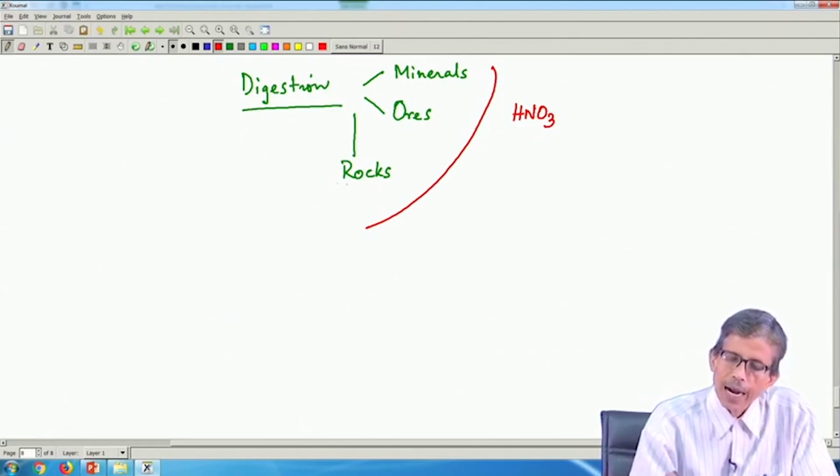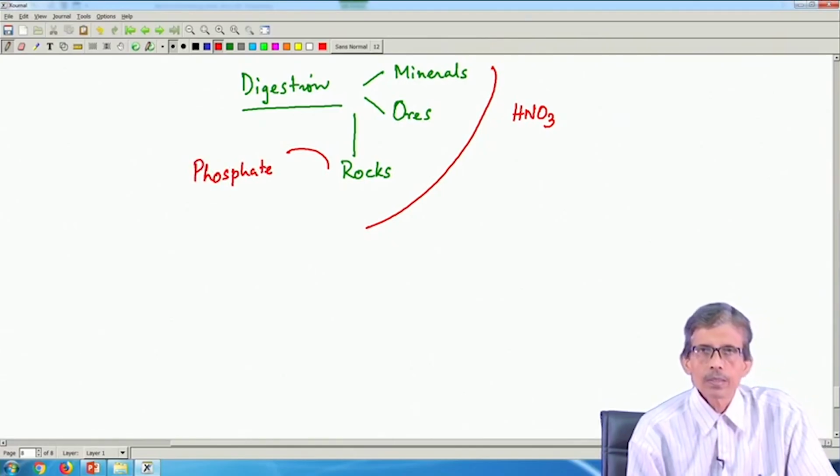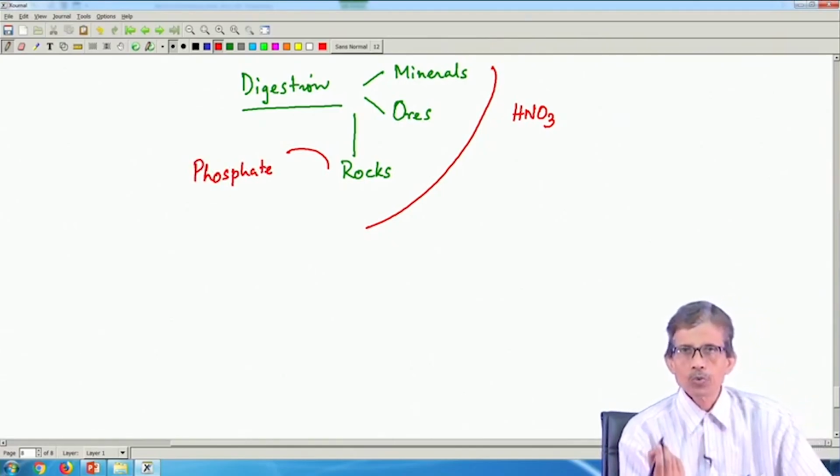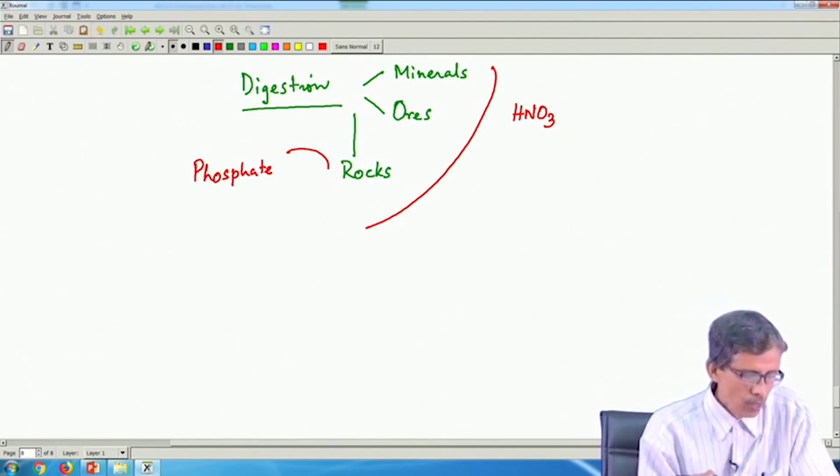So, if we can handle this particular rock, and if that particular one is a phosphate rock, what happens? How can nitric acid be useful for attacking your phosphate rocks, or the phosphate ingredient in those rocks?